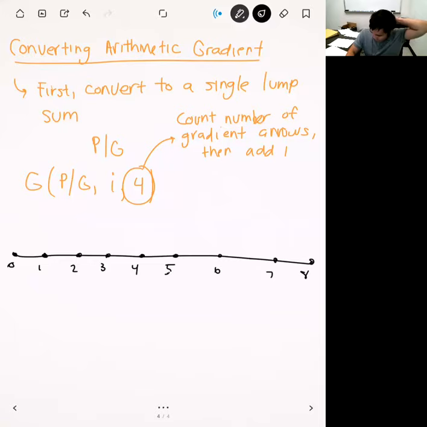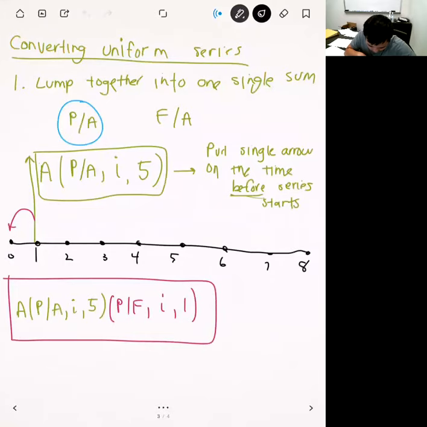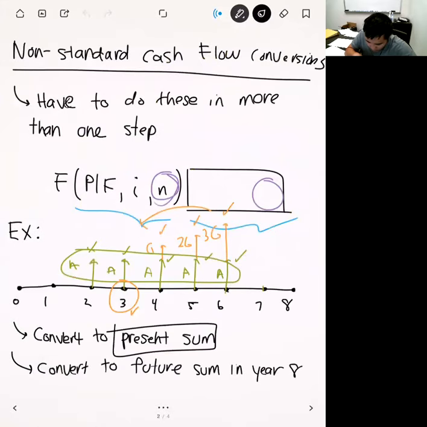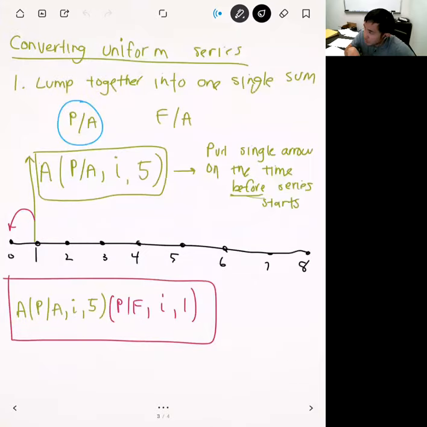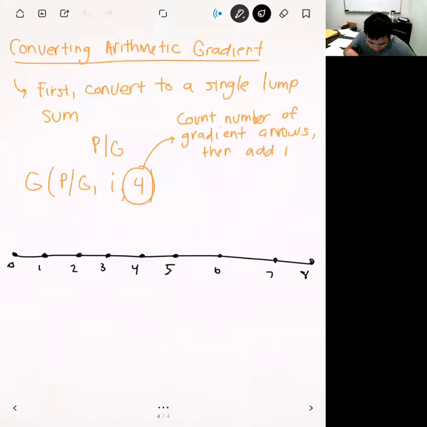Okay. All right. And so originally we had our gradient here take place, we said it goes from 3 to 6, right? And so if we convert this to a P, the question is, what year do we actually put this on, right? And so remember, for the arithmetic gradient, we have the year where we actually start to see it increasing. We have the blank year right before that, okay?